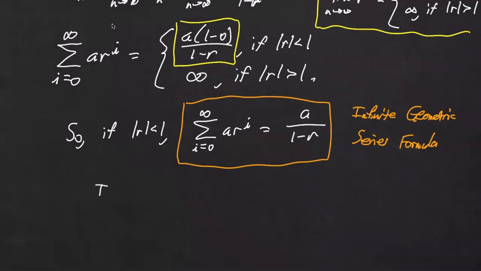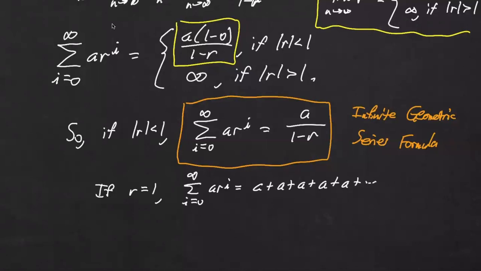But also it turns out that if r is plus 1 or minus 1, we didn't really think about those cases, but if r is 1, then the sum from i equals 0 to infinity of a r to the i is kind of silly. r is 1, so you really just get a over and over again. And that's going to clearly diverge. You're just adding the same number, I guess if a is not 0. So that diverges.